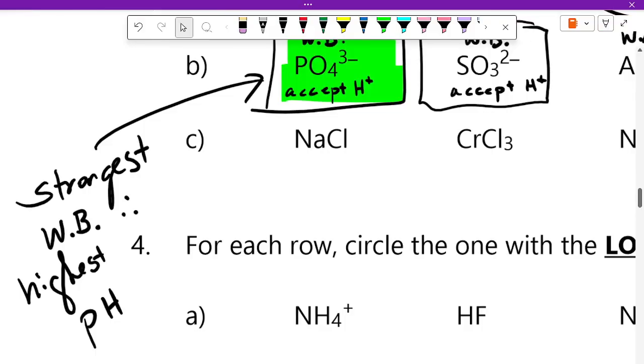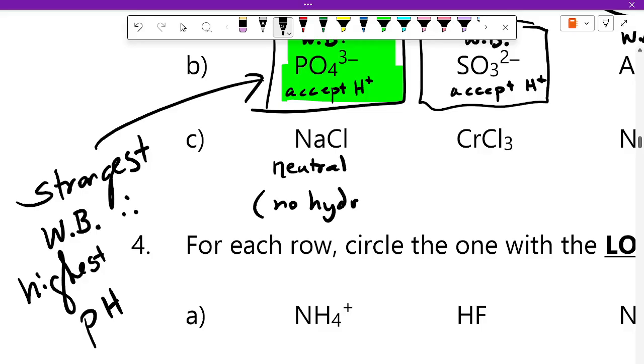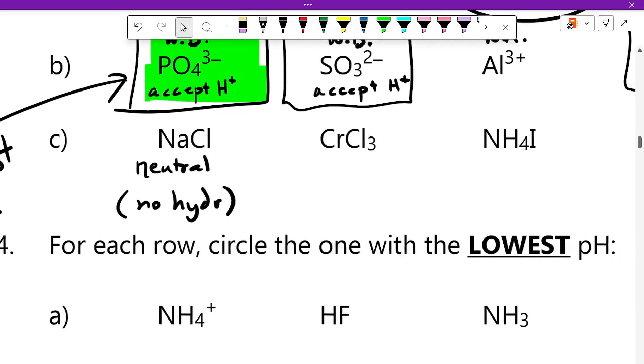NaCl, acidic, basic, or neutral? Neutral, because Na does not hydrolyze and Cl does not hydrolyze. CrCl3. Does chromium hydrolyze? Yes, because it's one of the four. Does chloride hydrolyze?